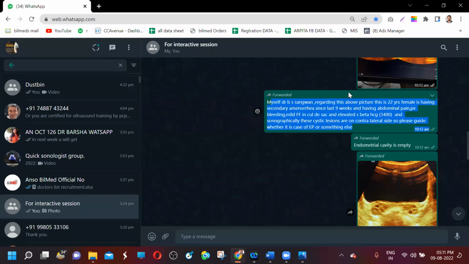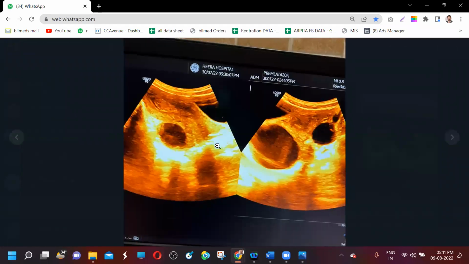Now let us go to the image. Time and again, I am saying that ultrasound is a dynamic process. One image will not decide anything, but will give you an idea only. Now, first of all, this is a strongly suspected case of, I will not say ectopic, maybe this is an incomplete abortion.